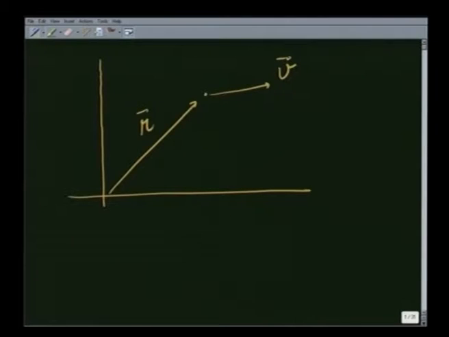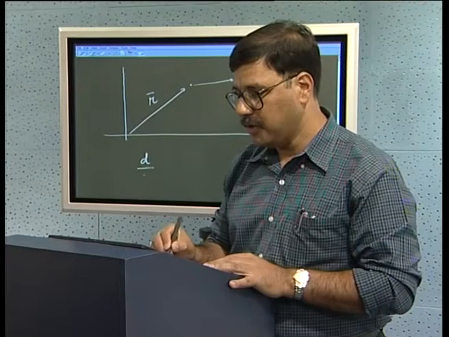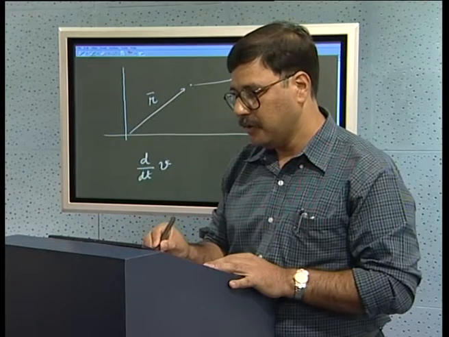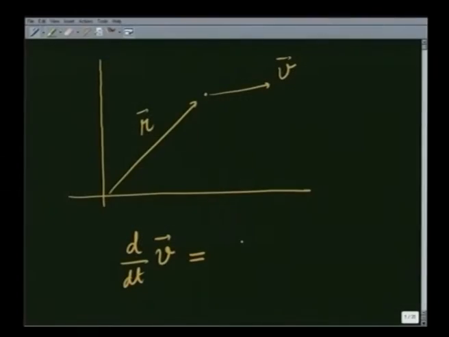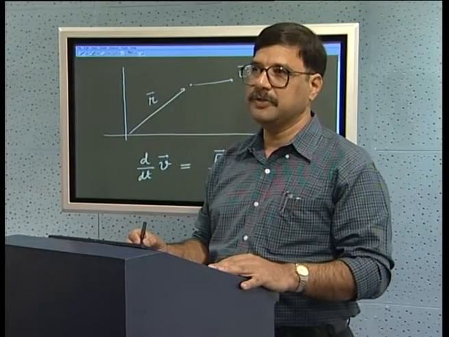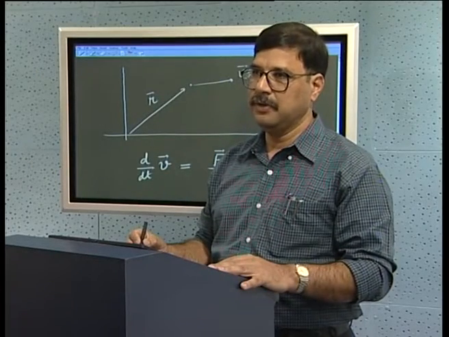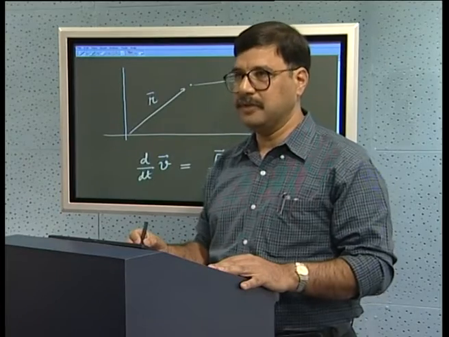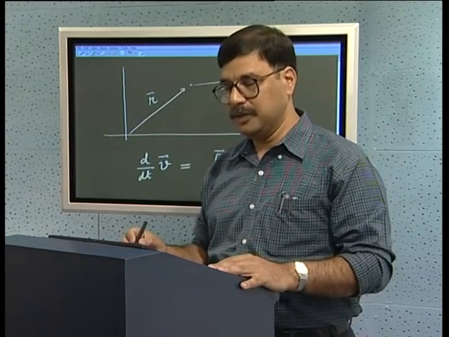With time, the velocity changes, and the velocity change d over dt is related to the force applied F divided by the mass of the particle by Newton's second law. So, to describe the vectors, I need to fix a coordinate system with respect to which I describe the motion.